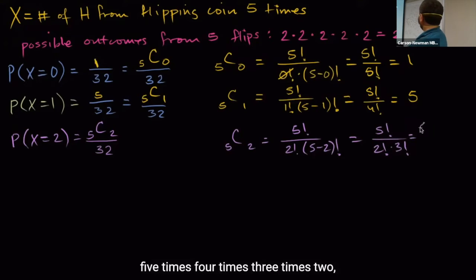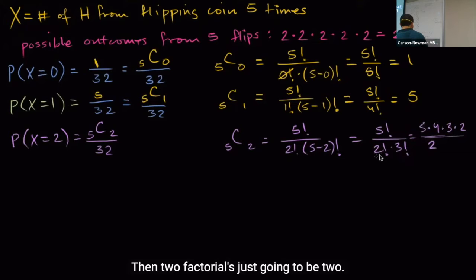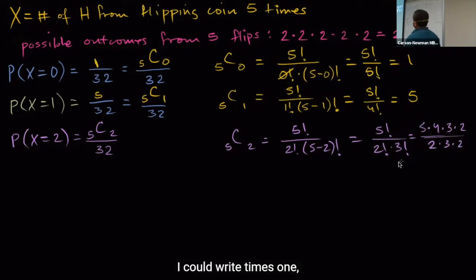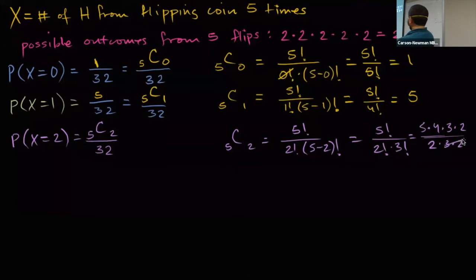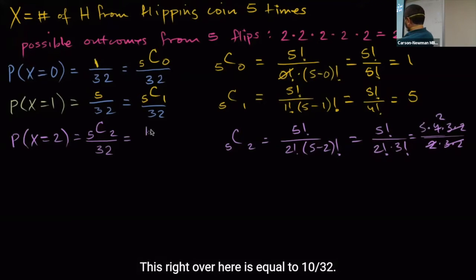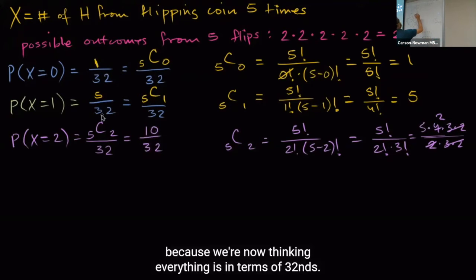And this is going to be equal to 5 times 4 times 3 times 2, I could write times 1, but that doesn't really do anything for us, over 2 factorial, which is just 2, times the 3 factorial, which is 3 times 2. That cancels that. 4 divided by 2 is 2. 5 times 2 is 10. So this is equal to 10. This right over here is equal to 10/32. Obviously, we can simplify this fraction, but I like to leave it this way, so we're thinking of everything in terms of 32nds.